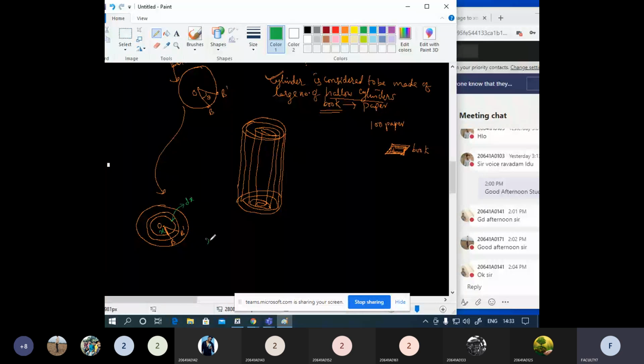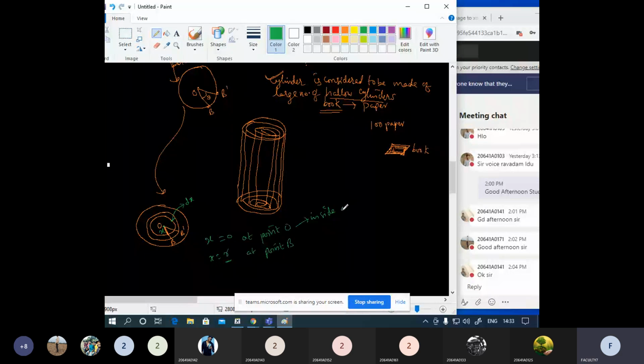Now if the x value is equal to 0, what is the meaning? You will be at point O, exactly at the center.